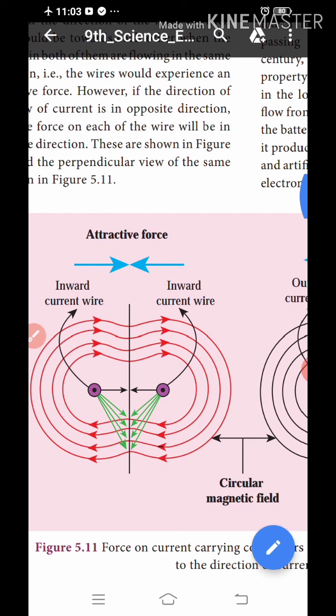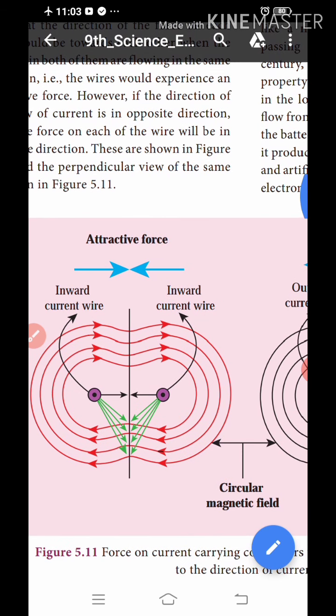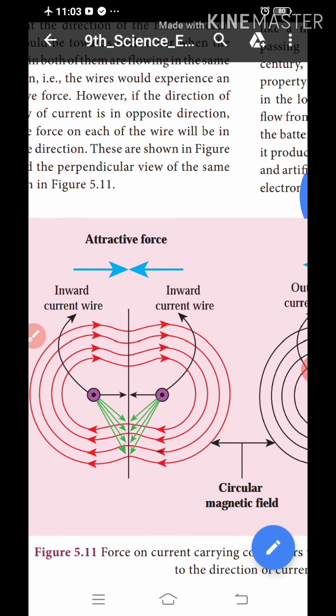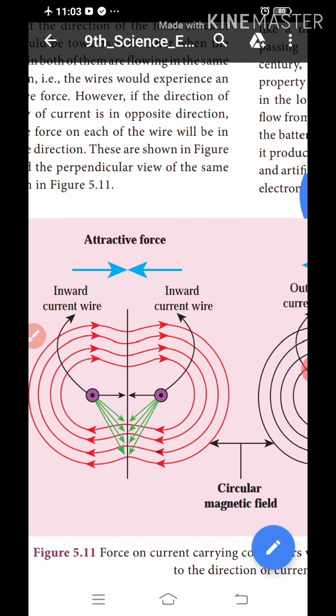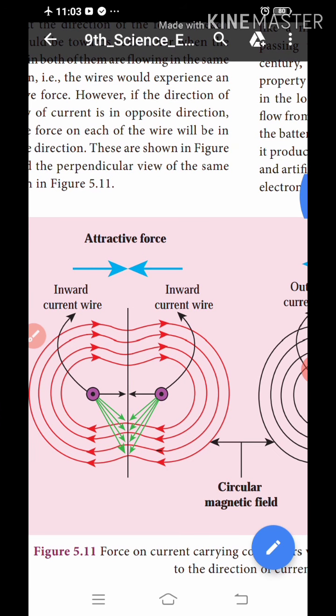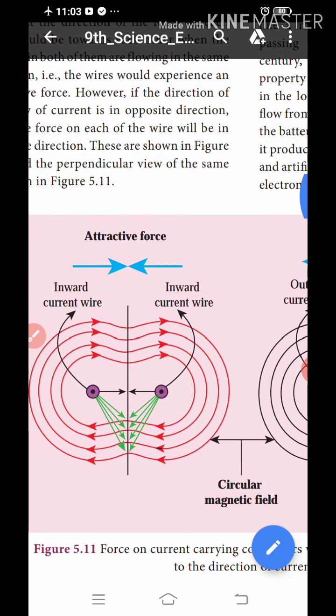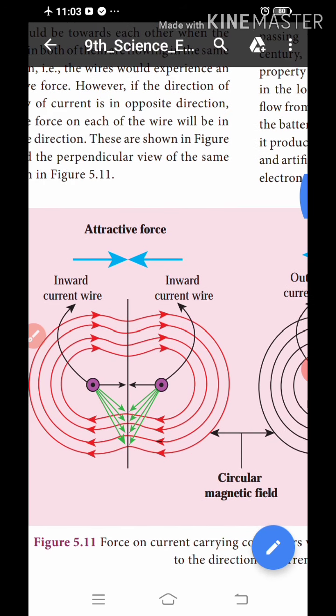You may now wonder how it was possible for a lodestone to behave like a magnet when there was no current passing through it. Only in the 20th century did we understand that magnetic properties arise due to the motion of electrons in the lodestones.